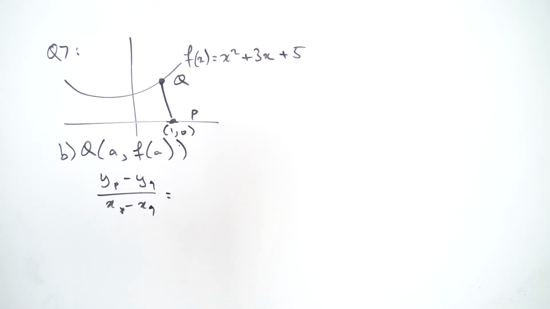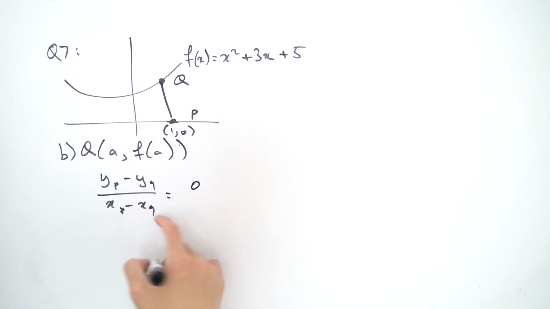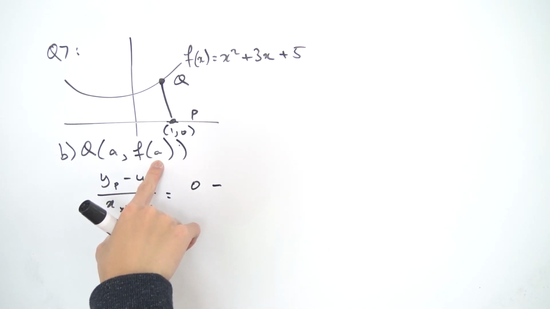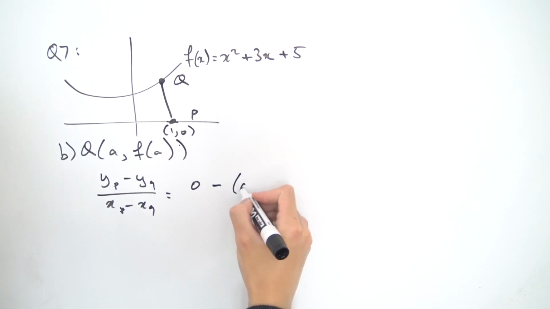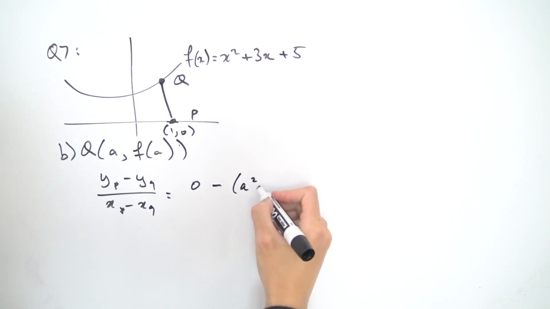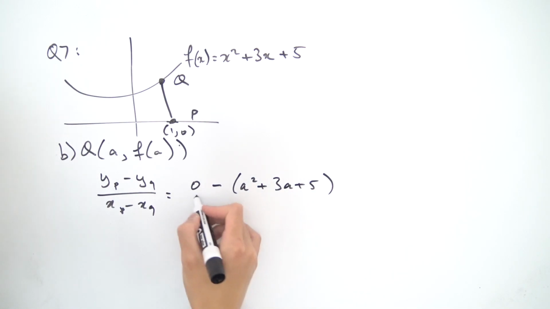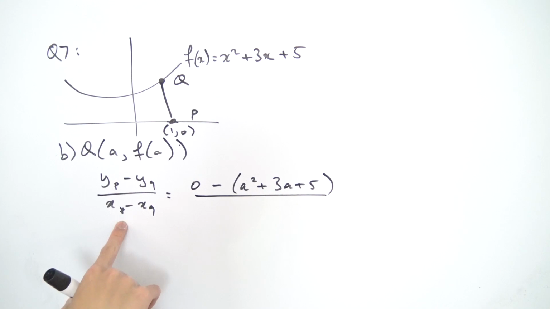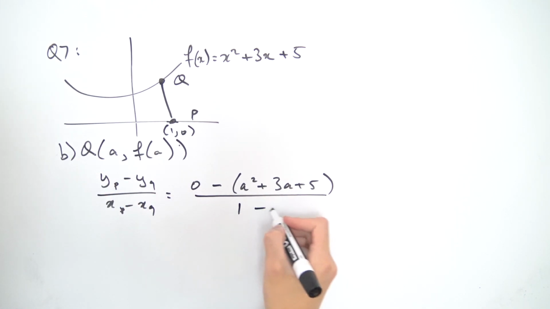And if you plug all these values in, well, yp is exactly equal to 0. yq, well, yq is f of a, but f of a is just f of x evaluated at a, which is a squared plus 3a plus 5. And then we divide this by xp, which is 1, minus xq, which is a, so 1 minus a.